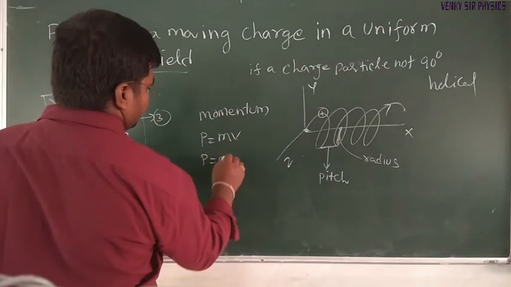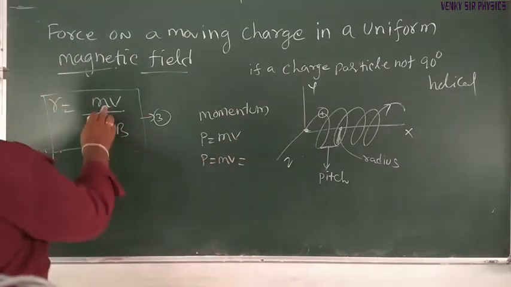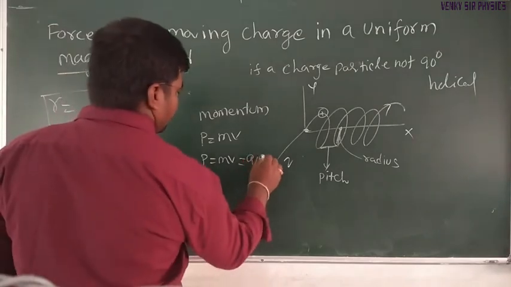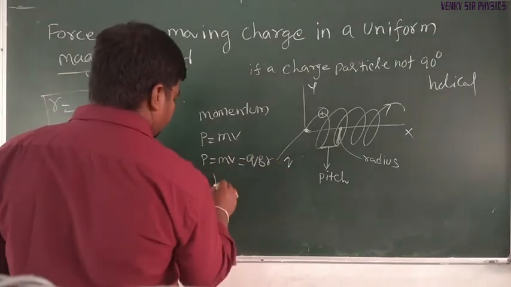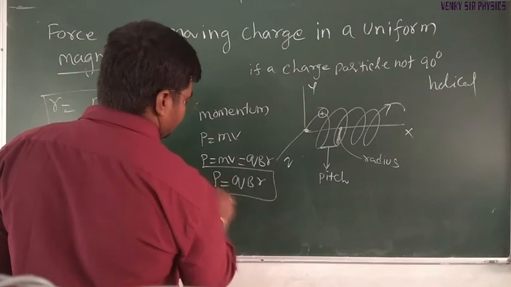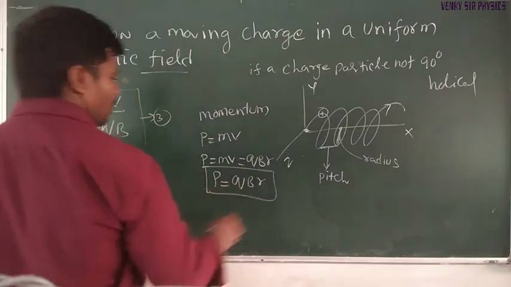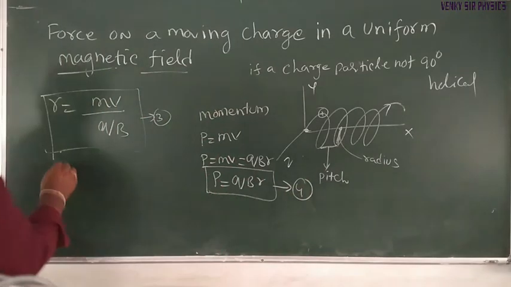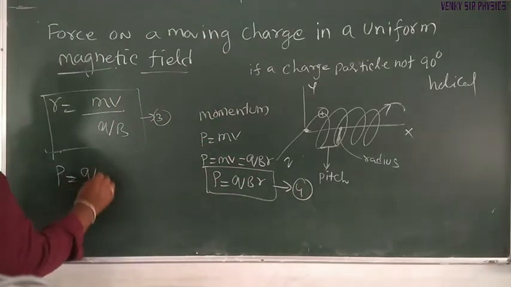P is equal to mv. mv is equal to qBr, so p is equal to qBr. This is momentum, equation 4.